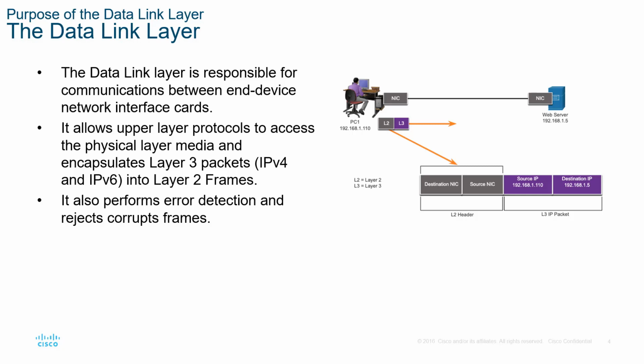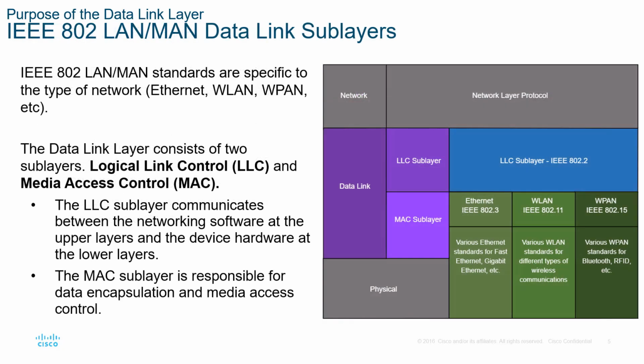For example, MAC address, media access, source and destination, is typically referred to here. But MAC addresses can be different types depending on the media. One of the next things it does is perform some form of error detection to figure out if a frame is legitimate or if it has errors, and thus reject those frames.